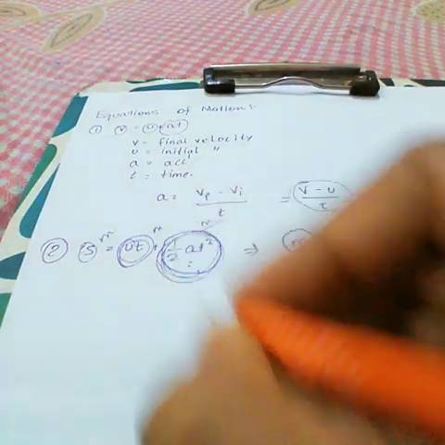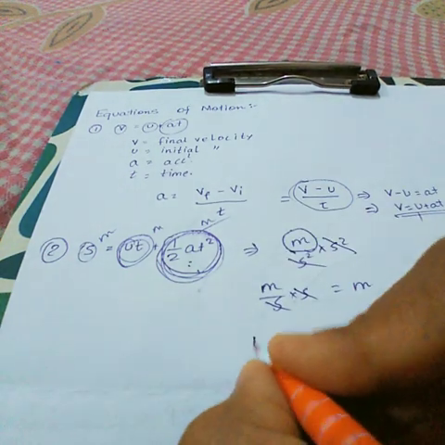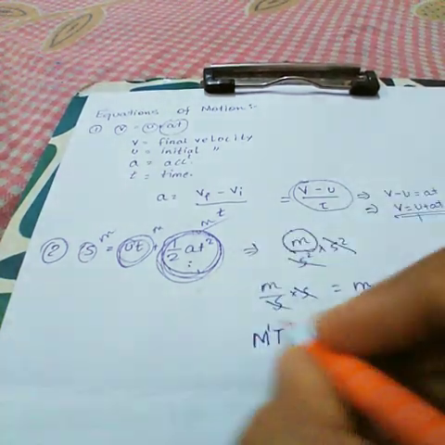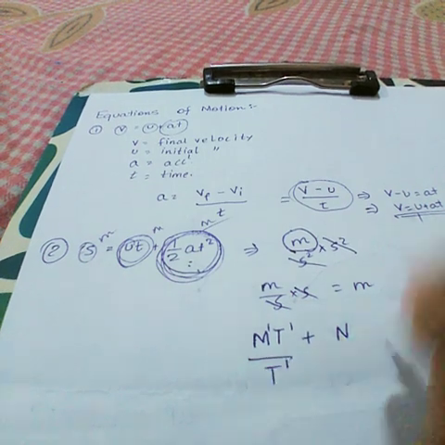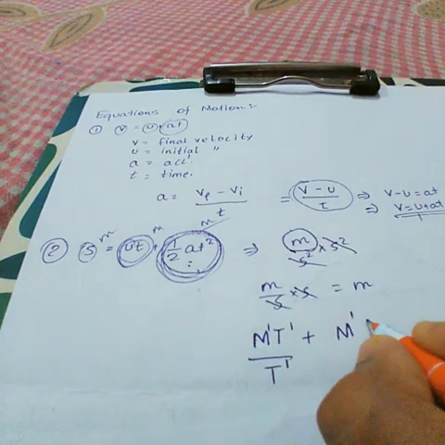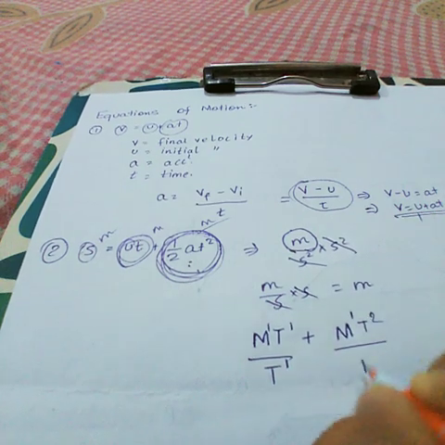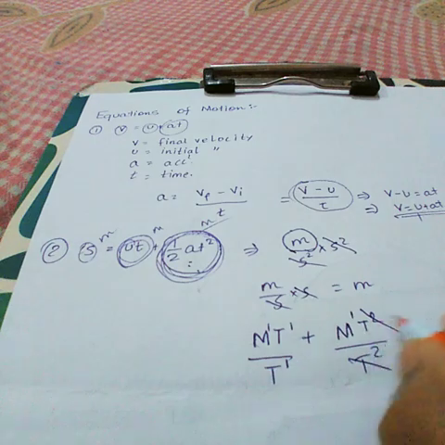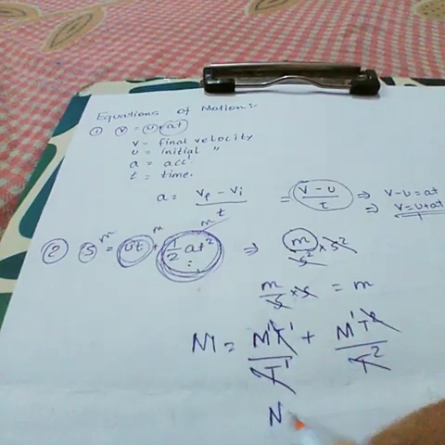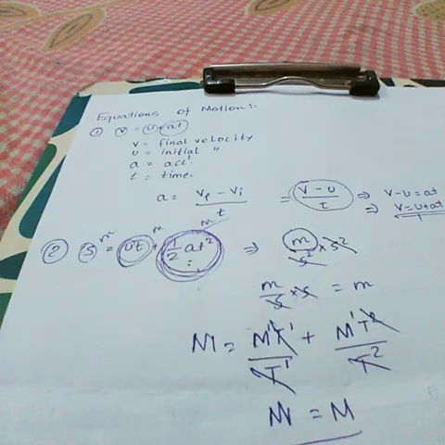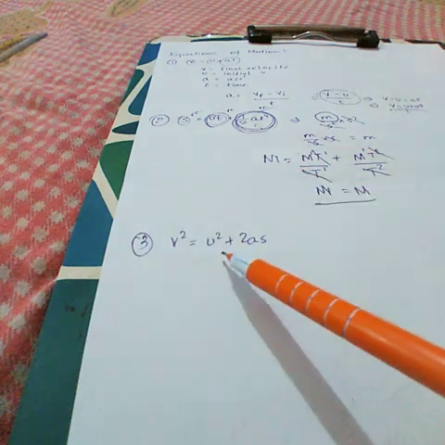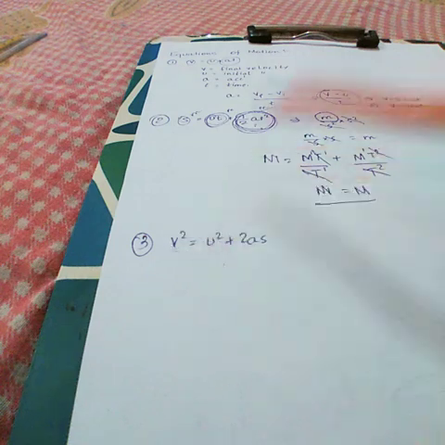Okay, from here, mass is nothing but m to the power 1, t to the power 1, plus time cancels out, t to the power 2 cancels out, so meters, and this is also meters, and we can say this is dimensionally homogeneous.